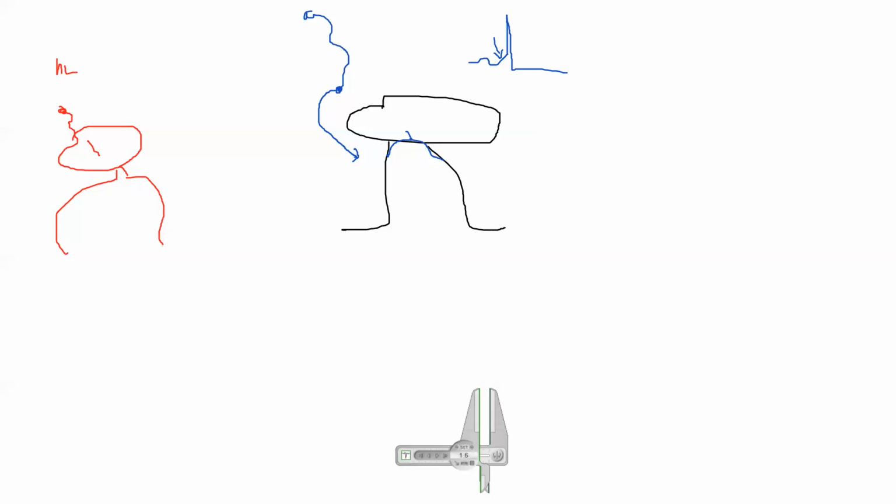Well, the way in which we treat this is to ablate the accessory pathway. Ablation means we're going to burn this through a laser, so that if you burn this, it becomes scar tissue and it will no longer be able to transmit electrical impulses into the ventricles. Okay, so that is WPW.